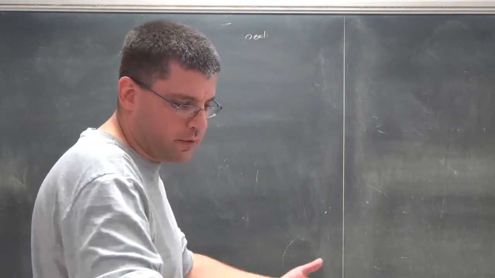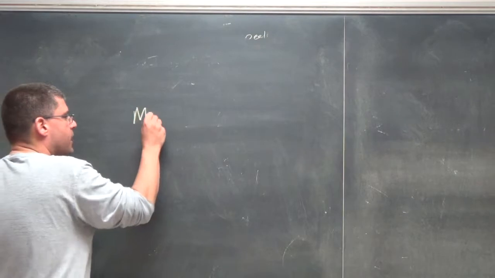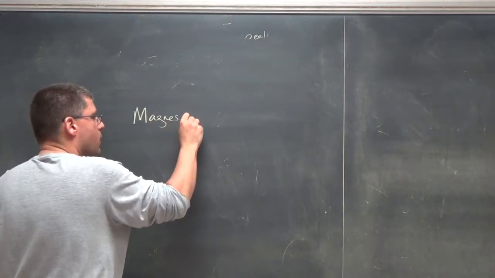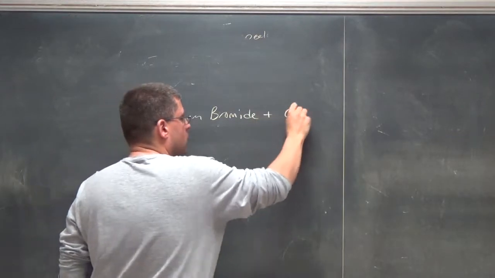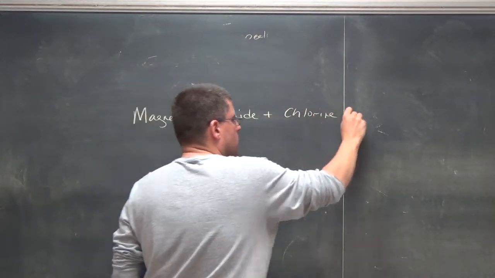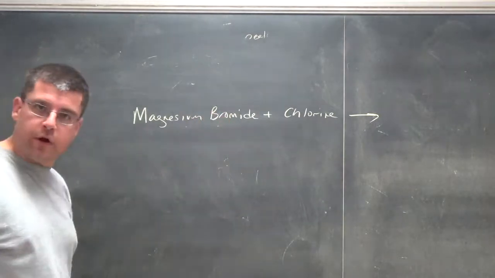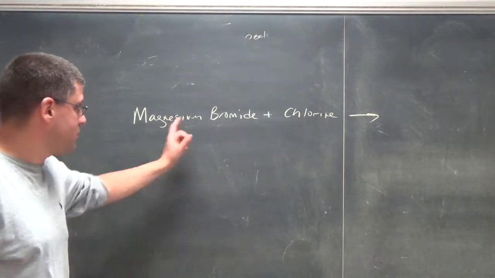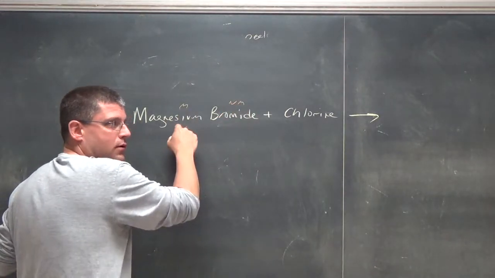Now let's do a few of these, okay? So let's do magnesium bromide plus chlorine. So you have magnesium bromide plus chlorine. Now let's do this. This is where your nomenclature comes into play. Metal, non-metal, ionic compound, chlorine.